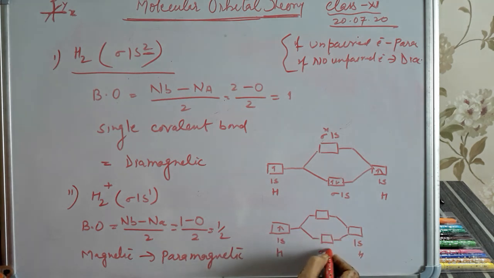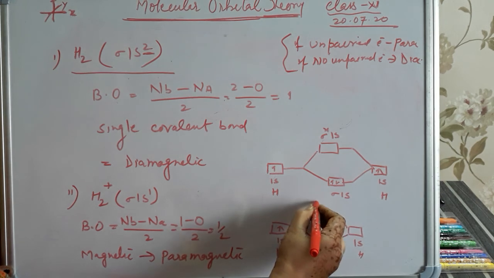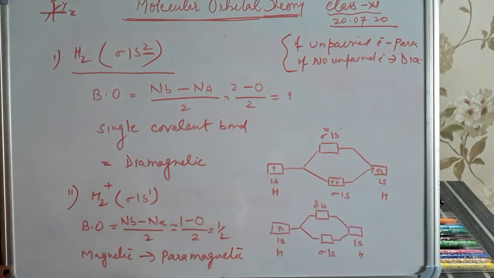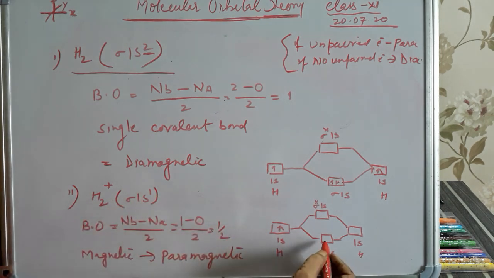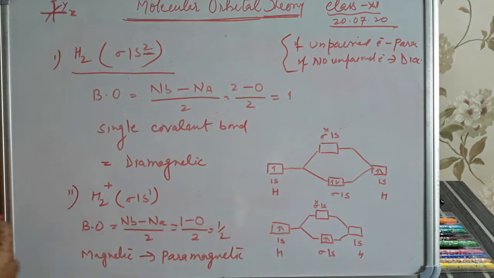So this is sigma 1s and this is sigma anti-bonding 1s. How many electrons does it have, students? 1, in sigma 1s. So it has only one electron in the sigma bonding molecular orbital. In this way you can represent the given species: H2 plus, H2.